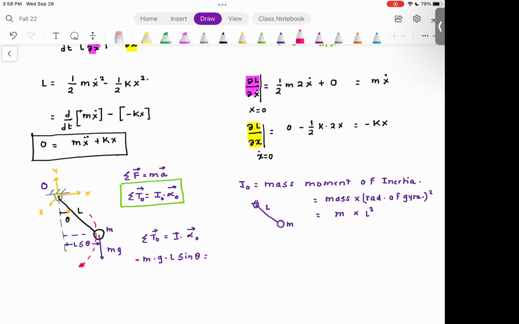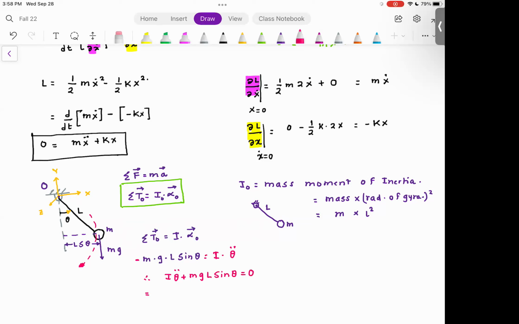So what I have here is I multiplied by theta double dot. If I write this equation down, this becomes I theta double dot plus M G L sine theta is equal to 0.